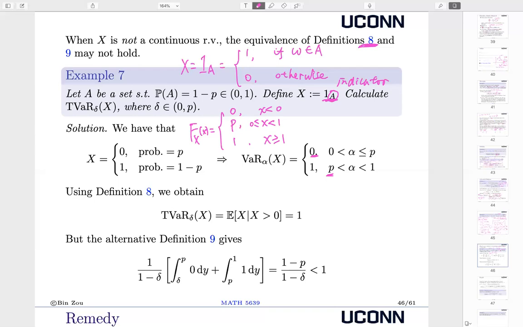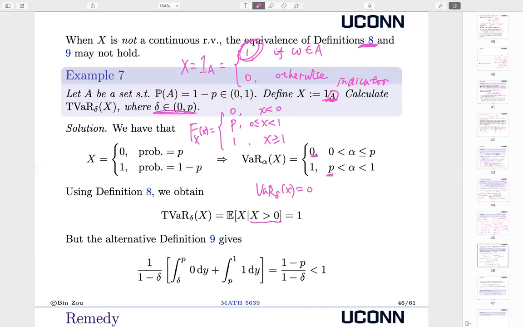So under definition 8, if we take delta between 0 and p, my VaR is 0. Now let's say we condition on X greater than 0. This is a simple but very good example.